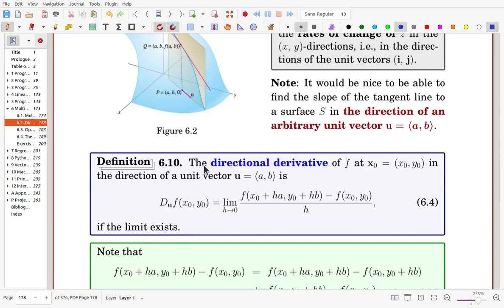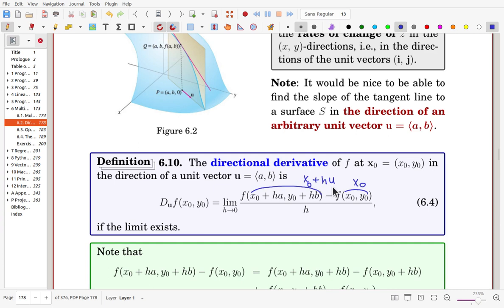The directional derivative of f at (x0, y0) in the direction of unit vector u is defined in this way. This quotient is measured in that direction. For the inside of the parenthesis, we can write x0 plus h times a, and y0 plus h times b. In the u direction, distance h is considered from the point (x0, y0).